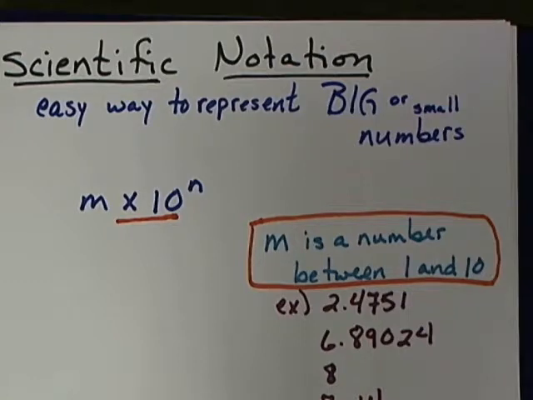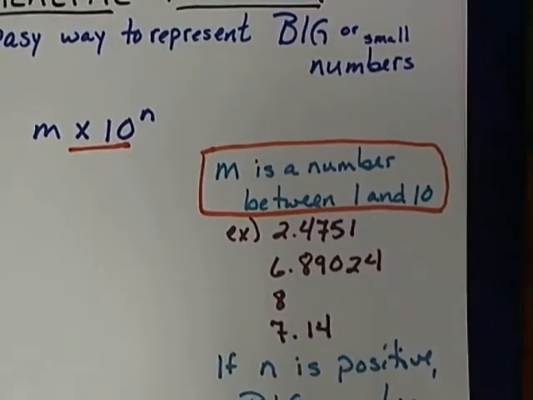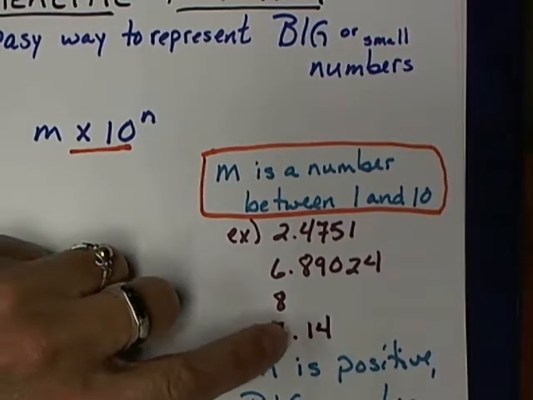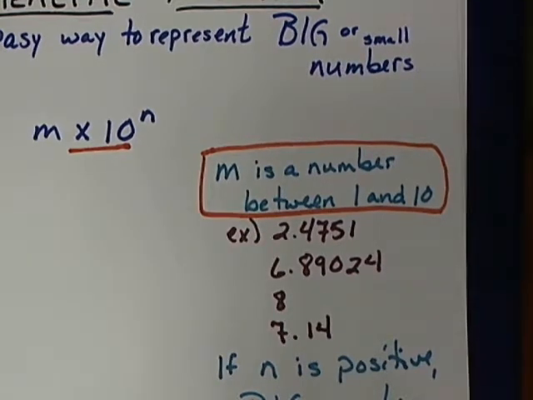So in other words, it has to be one digit, 1 through 9, and then a decimal point. Examples of what the m could look like: it could be 2.4751. That's a number that's between 1 and 10. It could be 6.89024. It could just be the number 8. It could be 7.14. But it's always going to be one single digit and then your decimal point and any other significant digits after that.